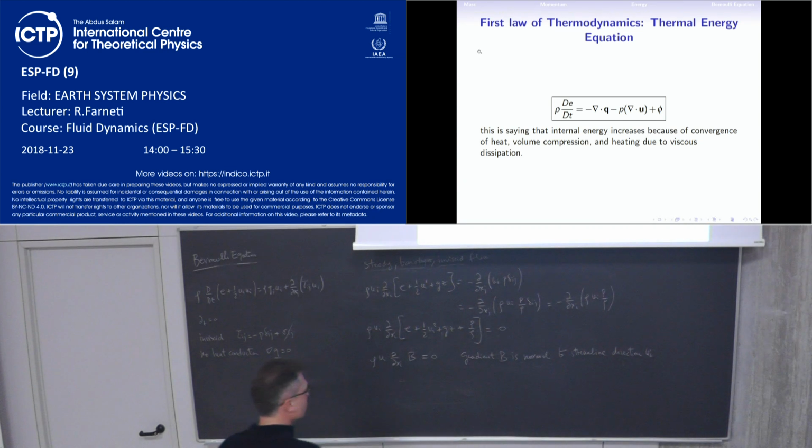Okay, so again, this function B is a constant along the streamline. So it's the same statement of conservation of energy, but now through the first law of thermodynamics.